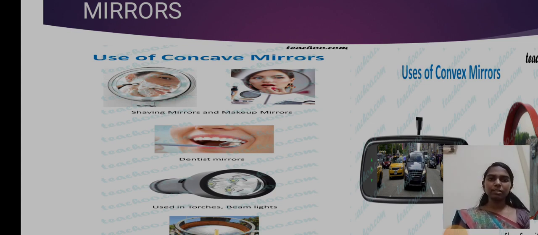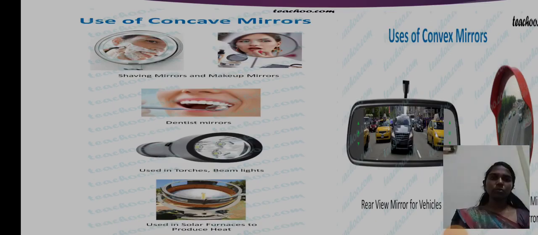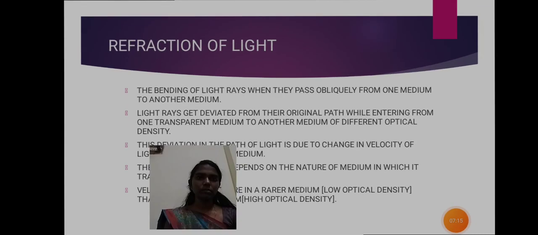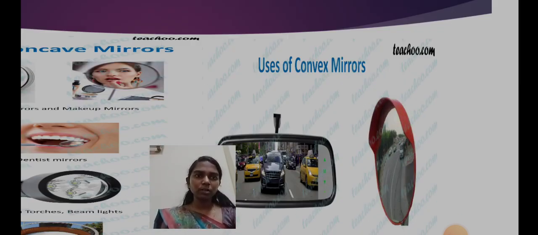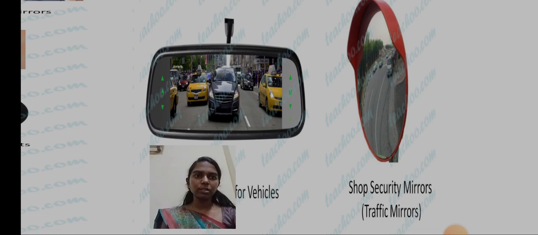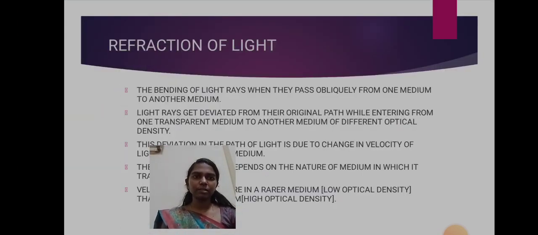They are also used in torches and solar furnaces. Convex mirrors are used in vehicles, and they are also used for security, as shop security mirrors and traffic mirrors.